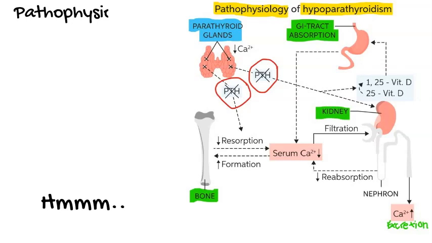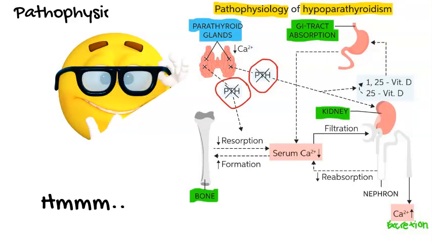With the low calcium level, there's also an increase in infiltration and reduced reabsorption at the nephron region, whereby there will be an increase in calcium excretion. Remember, the pathophysiology is due to the etiological cause that will decrease the gland function.